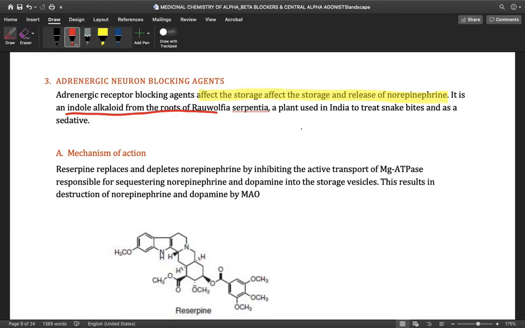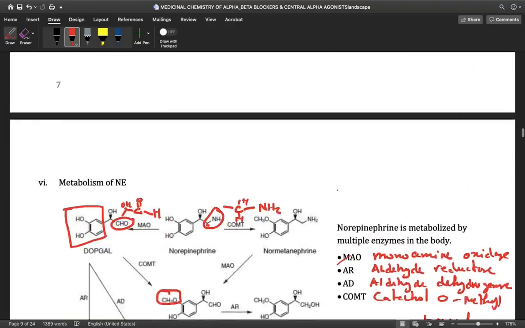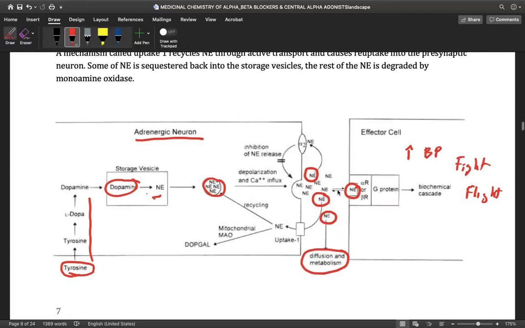So what reserpine does is it replaces and depletes norepinephrine by inhibiting the active transport of magnesium ATPase that's responsible for storing norepinephrine and dopamine into storage vesicles. So let me quickly go back to this slide here.